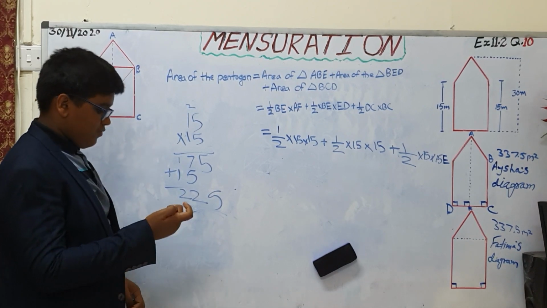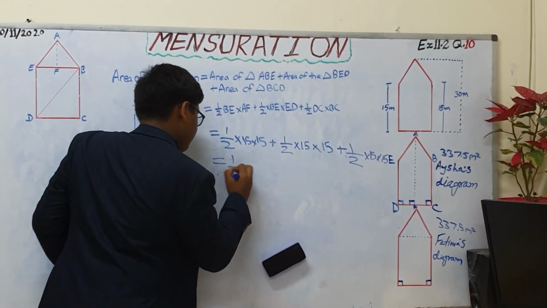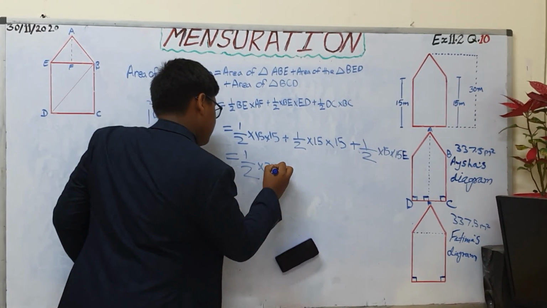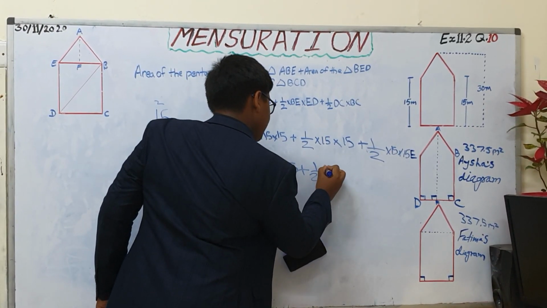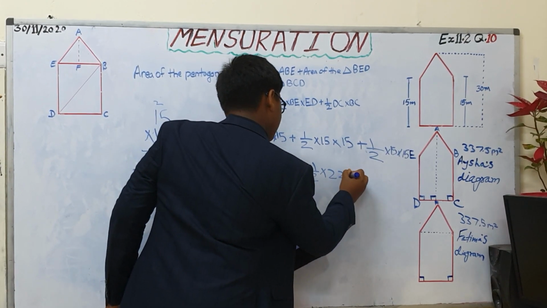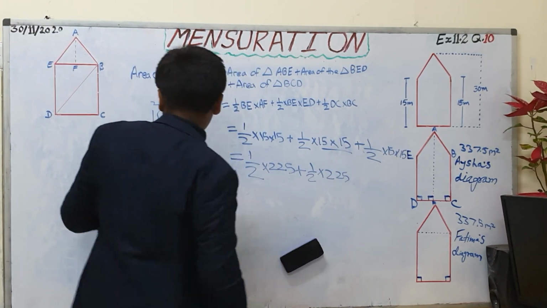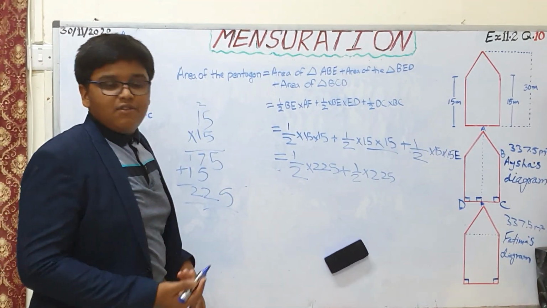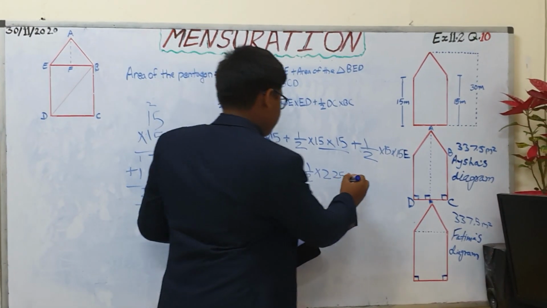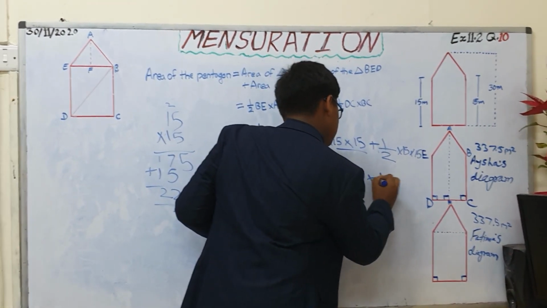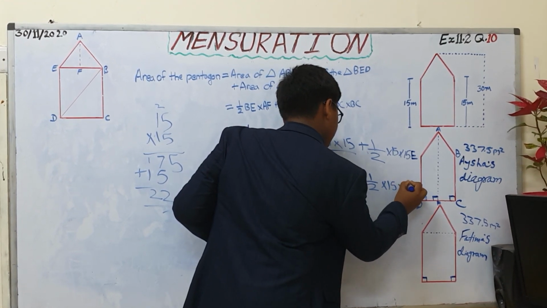So it equals 1 by 2 into 225 plus 1 by 2 into 225, because everything is 15 into 15. We have done 15 into 15 once, so we don't need to do it again and waste time. Again, plus 1 by 2 into 225.